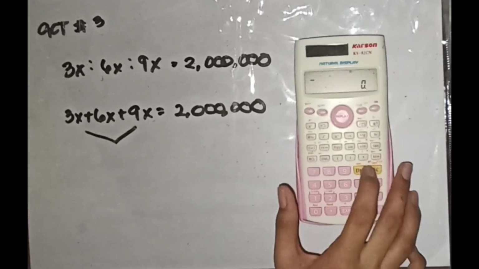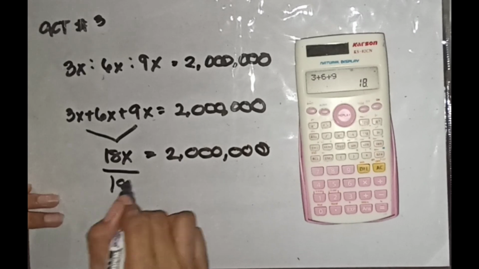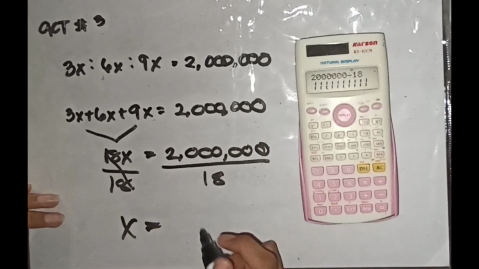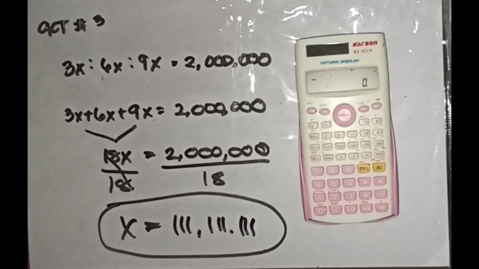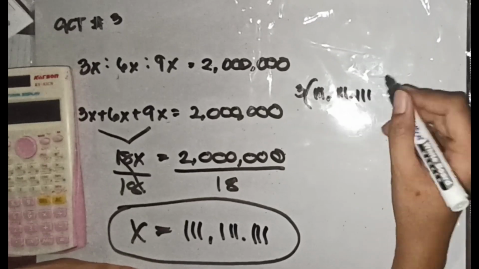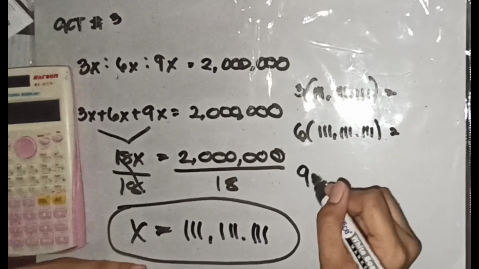So, add lang natin yung mga ratios. 18x is equal to 2 million. 2 million divided by 18 is equal to 111,111.111. And then multiply.